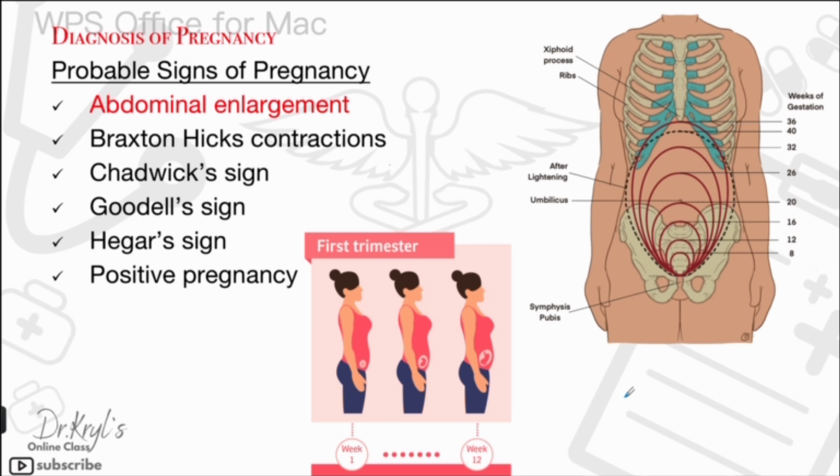Okay, so when we say probable signs of pregnancy, these are the objective observations noted by the examiner. However, a pregnancy diagnosis can't be made using these findings alone. Like abdominal enlargement. Okay, so when we say abdominal enlargement, there is this increased abdominal circumference.